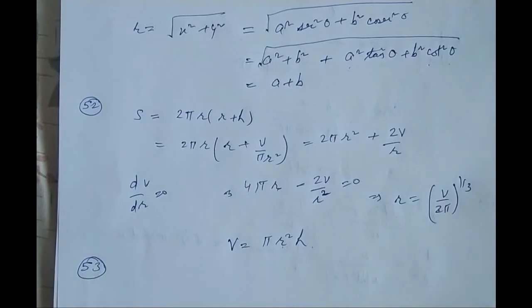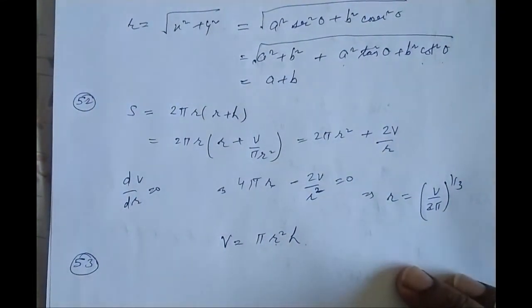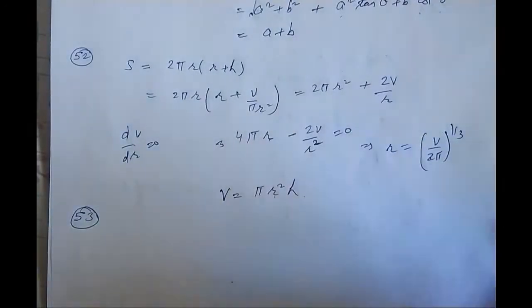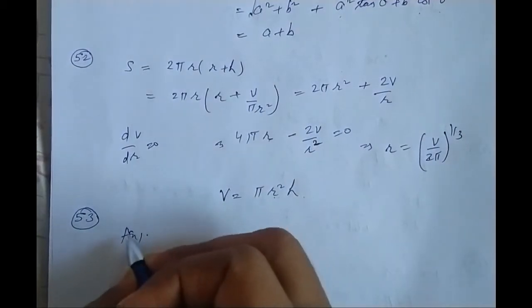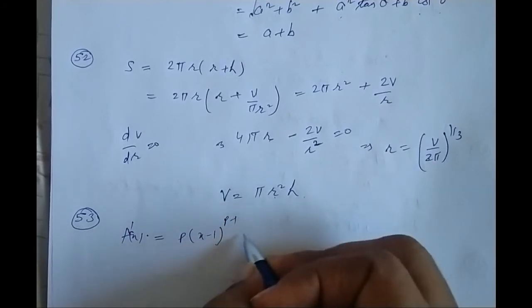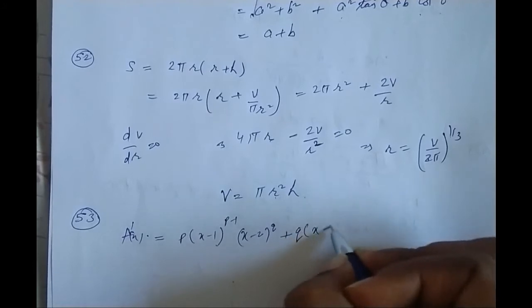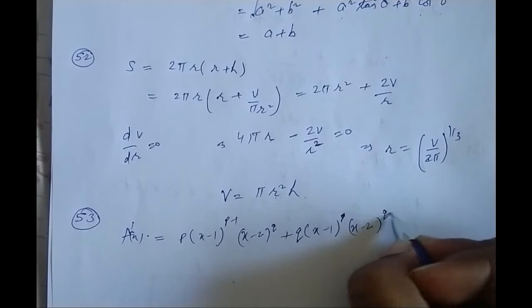Let f(x) is equal to (x minus 1) to the power p and (x minus 2) to the power q, where p is greater than 1, q is greater than 1. Then we need to calculate the critical points. So we have given f(x), so f dash x would be p (x minus 1) power p minus 1 (x minus 2) power q plus q (x minus 1) power p and (x minus 2) power q minus 1.